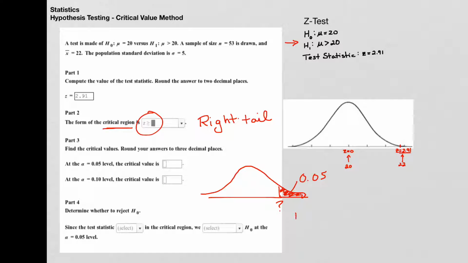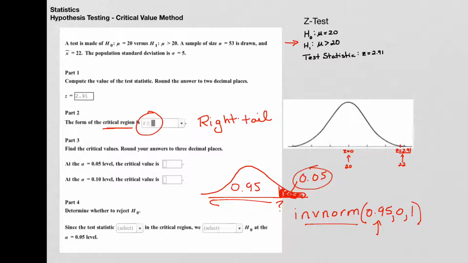And we can find this by entering inverse norm of 0.95 into the calculator, comma 0, comma 1. And where do I get the 0.95? Because this is a right tail test, and we have 0.05 in the right tail, that means that the rest of this area is 0.95, and that's the area to the left.